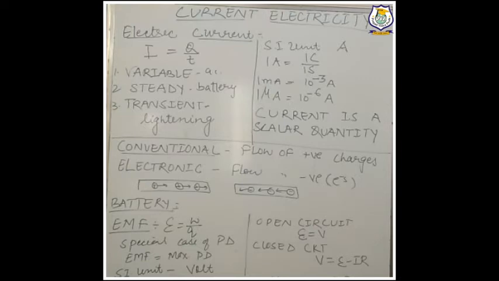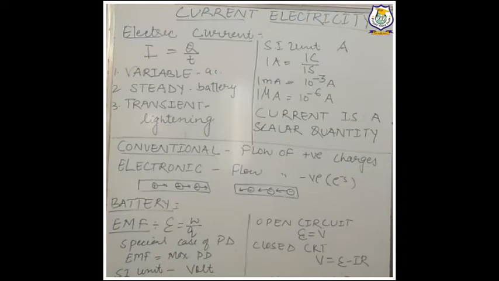The same is applicable in case of current. Current also flows when there is potential difference, meaning a difference in potential between the 2 points. So the current flows from higher potential to lower potential, right?